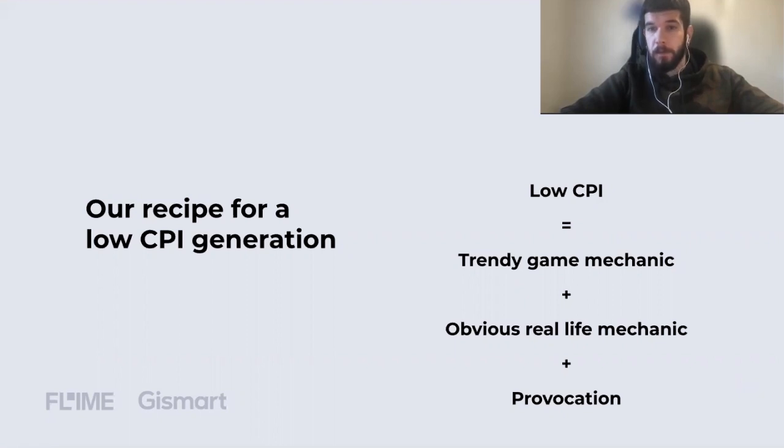The second point is to merge this trendy game mechanic with some obvious, maybe real life mechanic. So it's not just two split, different things. You should natively merge these two ingredients. And that's what we achieved within Body Race.